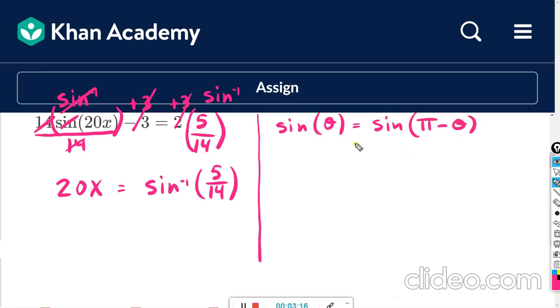So the angle is just subtracted from pi. 20x was the angle, and over on this side we're just going to do pi minus that angle. So it's going to be pi minus 20x. And since they're equal, it's going to equal the same thing, the inverse sine of 5 over 14.